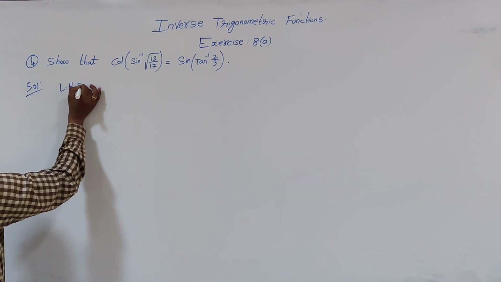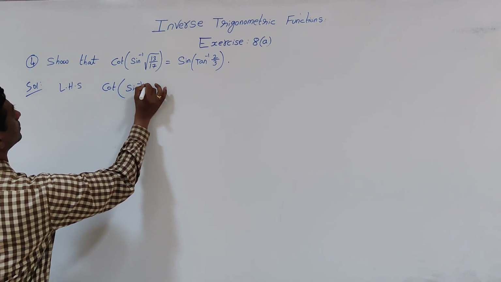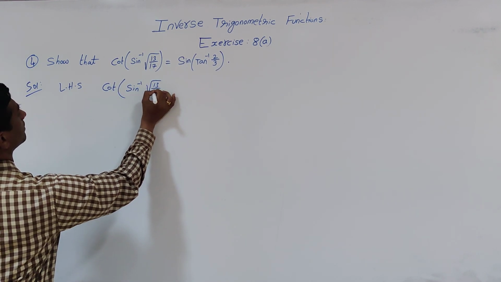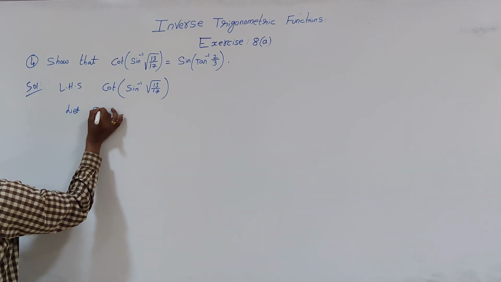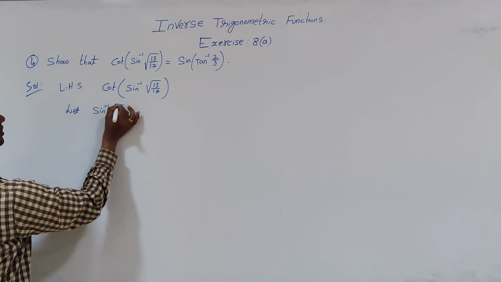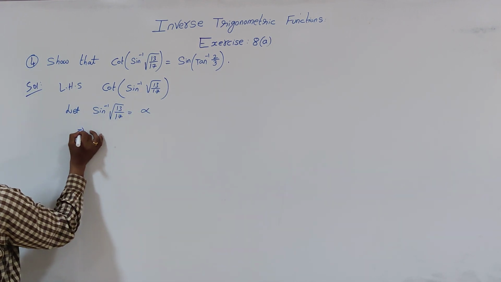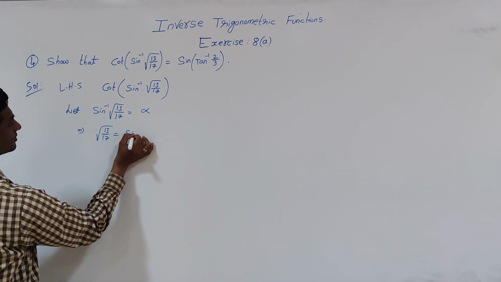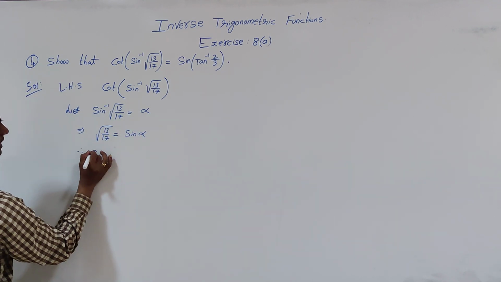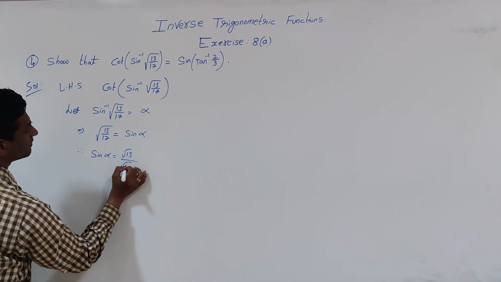LHS, cot of sine inverse of root 13 by 17. Okay, so let sine inverse of root 13 by root 17 be alpha, implies sine alpha is root 13 by root 17.